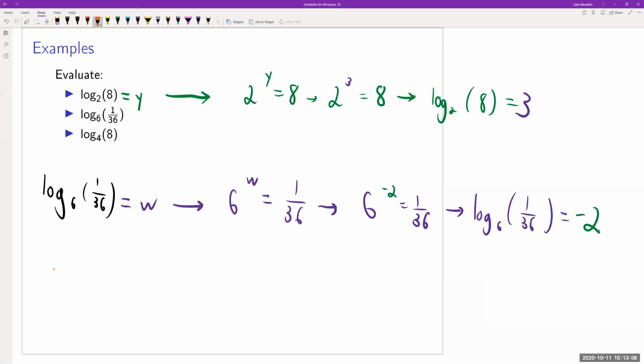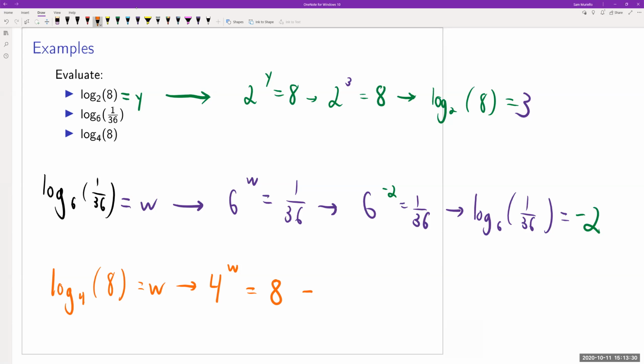We'll do one more example here. Log base 4 of 8 will give us 4 to the power of w is equal to 8. Now, 4 is not going to directly get us to 8, but I notice that 4 is related to 2, and I know that 2 to the power of 3 is equal to 8.